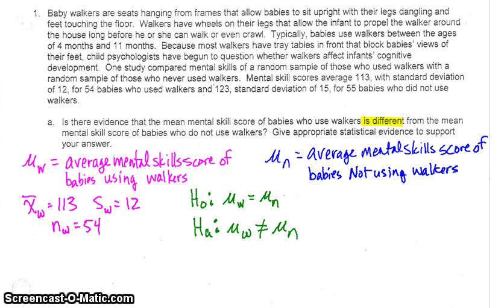Over here, we have x bar sub n equal to 123, s sub n equal to 15, and n sub n equal to 55. Those are our overall summary statistics.